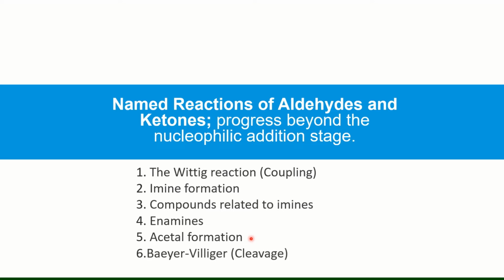We'll also look at this Baeyer-Villiger, which is quite interesting, an oxygen insertion reaction, and all of these nitrogen species we can look at in a few. Okay, so let's look at the Wittig.